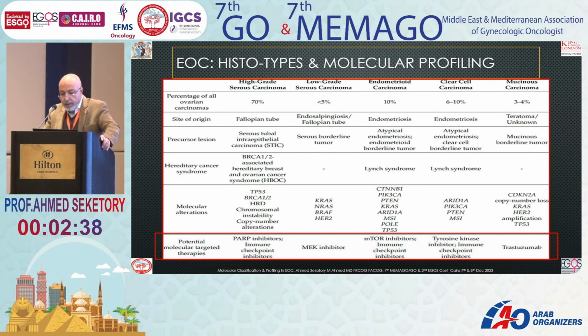The potential molecular targets, if we know about these mutations and genetic instabilities, then you find that the PARP inhibitors and immune checkpoint inhibitors are very good drugs to use in the high-grade serous carcinoma, and luckily these have been incorporated into our standard practice nowadays. The others, because of the rarity of the disease, still have ongoing trials, as we'll see later.